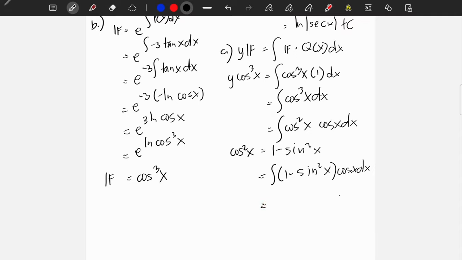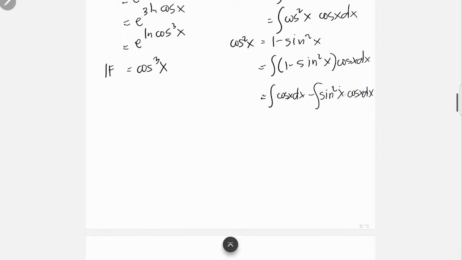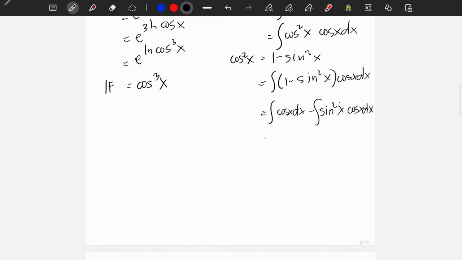Distribute cosine x dx, so the result is 1 times cosine x dx, which is the integral of cosine x dx, minus the integral of sine squared x cosine x dx. The integral of cosine x is positive sine x, right?